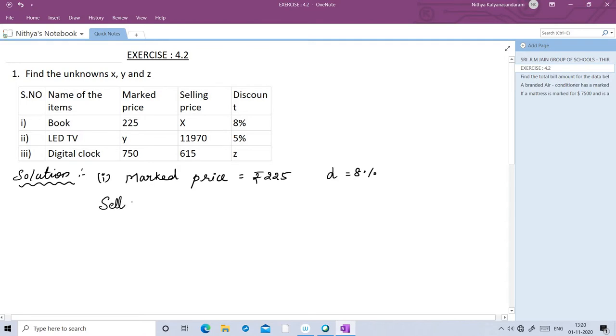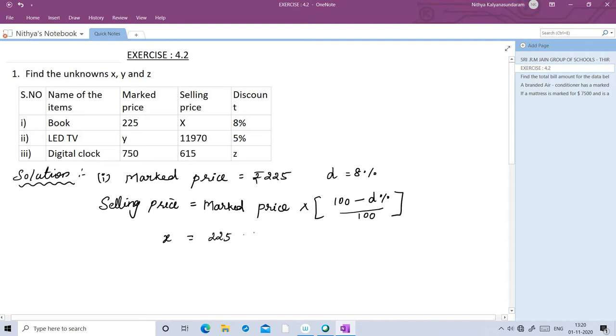Selling price is equal to marked price into 100 minus discount percentage divided by 100. So selling price here, X is equal to marked price 225 into 100 minus discount 8%, so 100 minus 8 by 100.